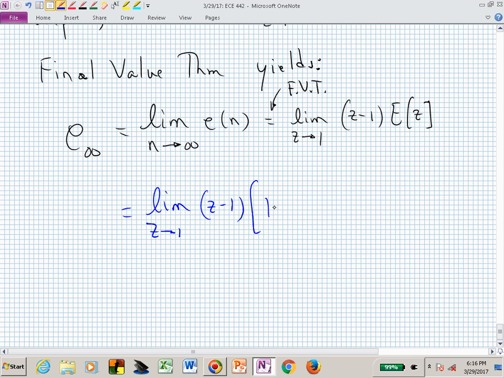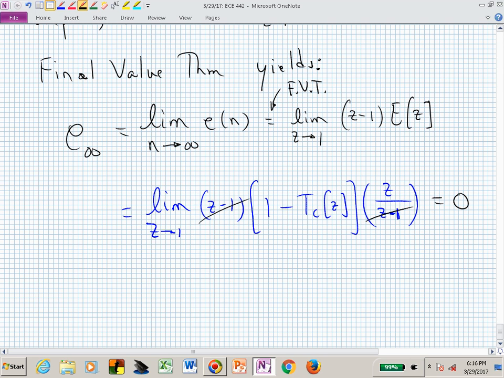E of z was 1 minus t sub c of z times r of z, which was z over z minus 1. And we can start canceling some common pieces. That z minus 1 cancels that z minus 1.